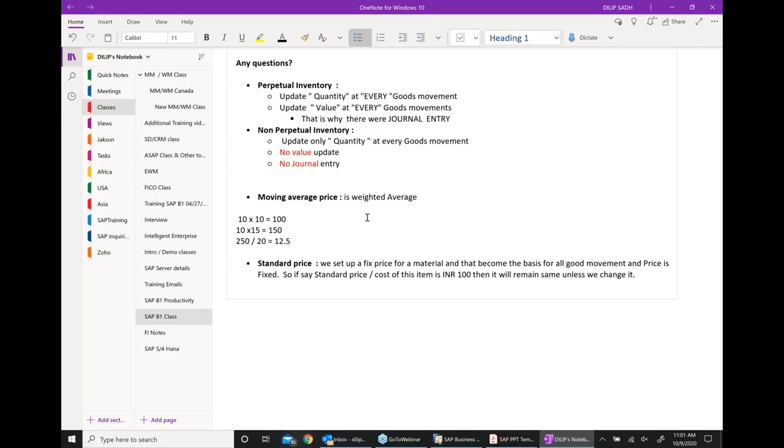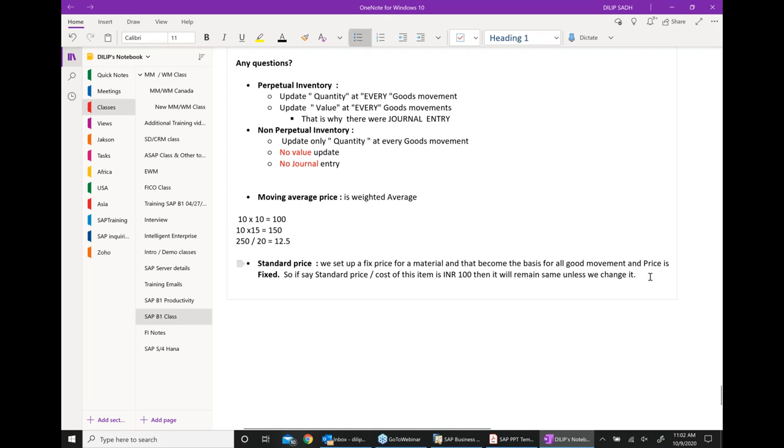If the price keeps changing, then my weighted average keeps changing for the inventory valuation. This remains fixed in case of a standard price. If we set up, let us say, 10 rupees, then it remains 10 rupees. It doesn't change. You may be buying for whatever, plus and minus, it doesn't change. That is a fundamental difference.